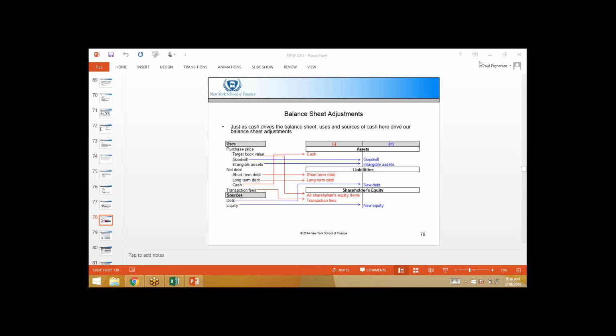The equity plus goodwill. Yes, yeah. Awesome, good. It is the book value. And remember, purchase price above book value is goodwill and intangible assets.